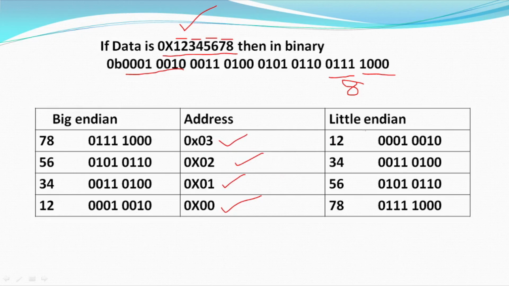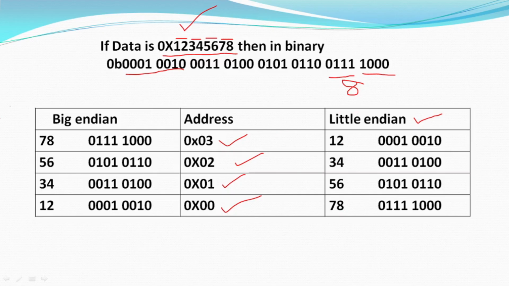So what is happening in a Little Endian system? In this entire data, the least significant byte is 78 and the most significant byte is 12. If the least significant byte is stored in the lowest memory location, then it is called Little Endian. All the next values are stored in the higher memory locations.